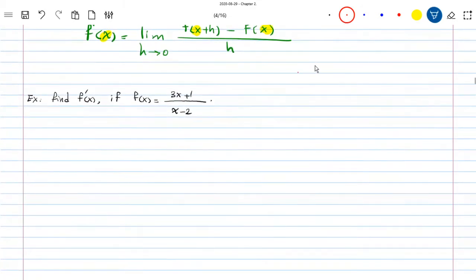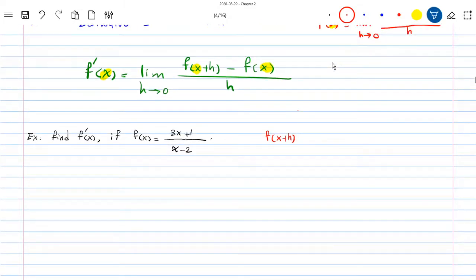So here, we're given the function f of x, and we want to find out what f prime is. So here, for f prime x, I'm going to use this definition. First you need to figure out what is f of x plus h, because in the formula for the difference quotient, you need both f of x plus h and f of x. So let's try to do this.